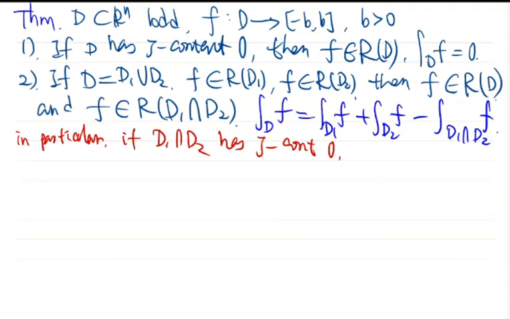Therefore, the integral of f over D is precisely the sum of the integrals over D1 and D2, because according to the first result, the integral over the intersection of D1 and D2 is 0.